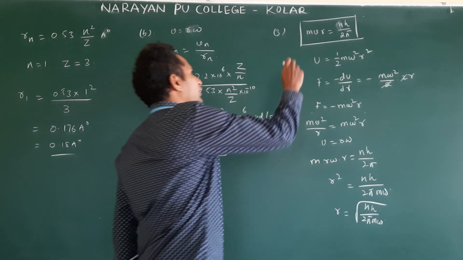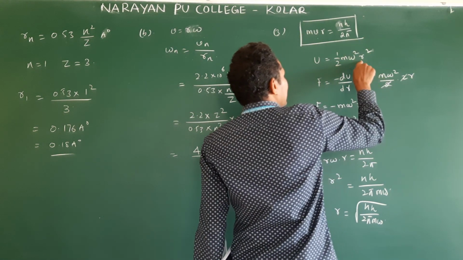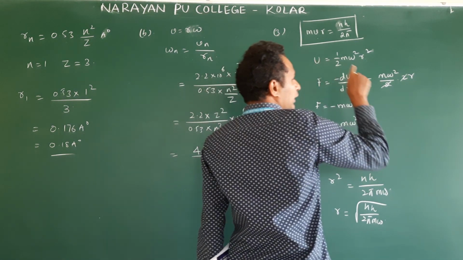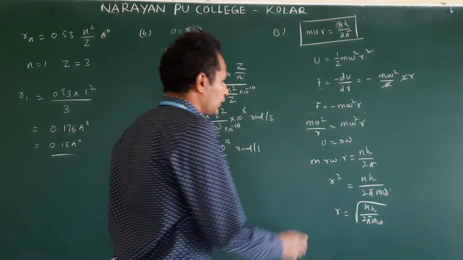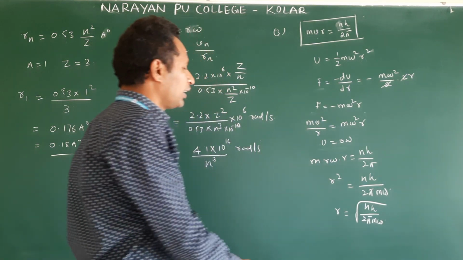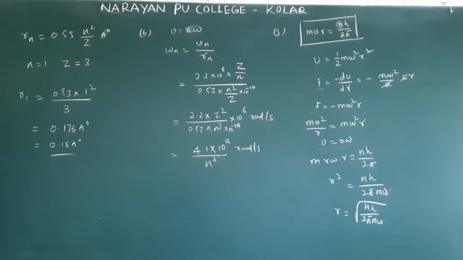To find the radius we need to know v. That v we got from the energy expression. We already studied that negative differentiation of potential energy gives the force. From this force we got v. Again this v value is substituted in the angular momentum formula, the second postulate, and we got the expression.